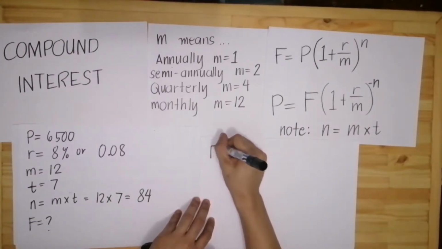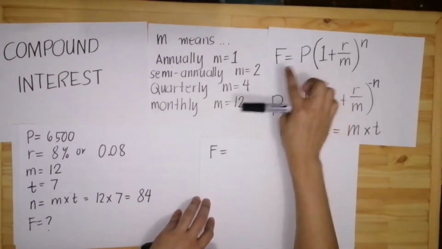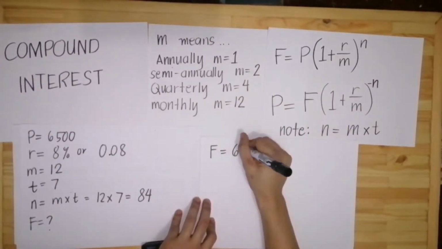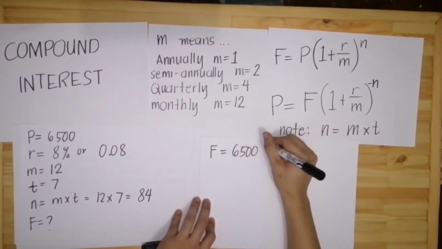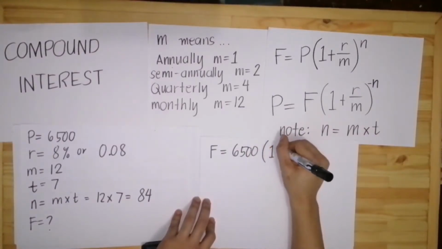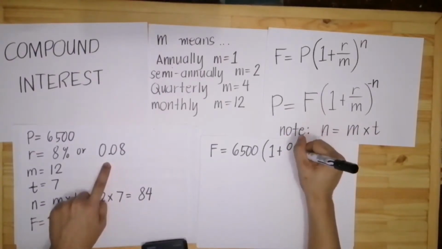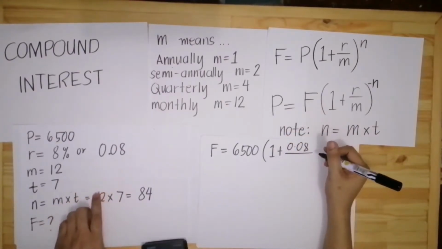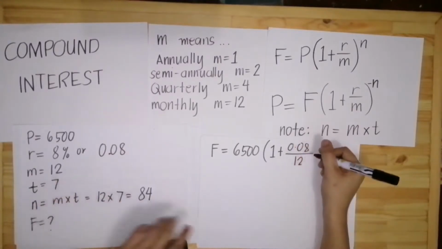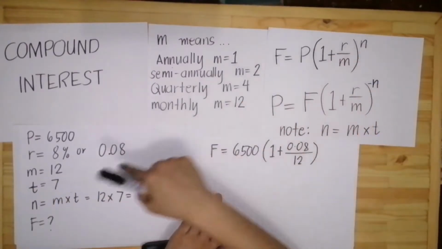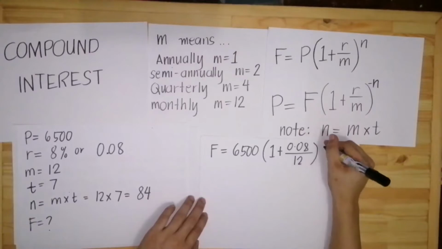Okay, yung F natin, copy lang. Then the P, just input the values on your formula. Parenthesis 1 plus yung R is 0.08 over yung M mo ay 12 raised to positive N yan, so positive N natin 84.